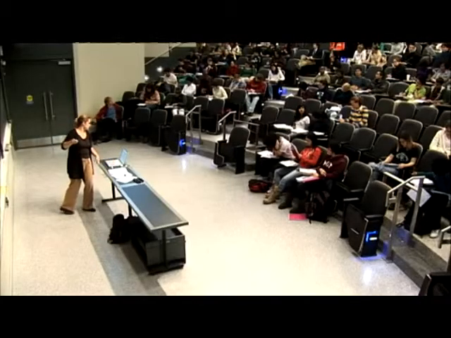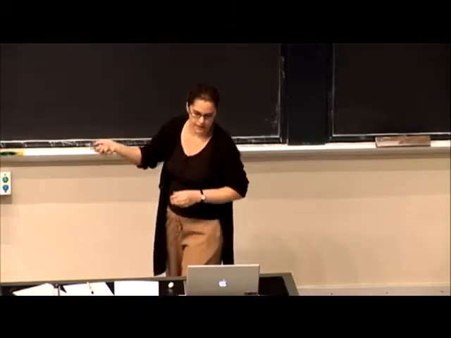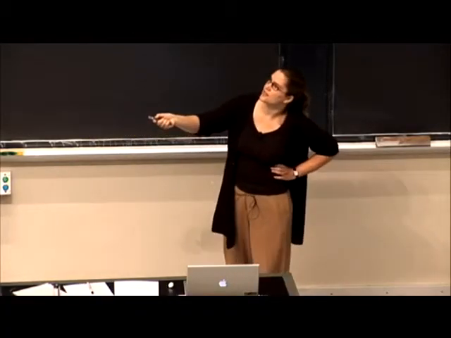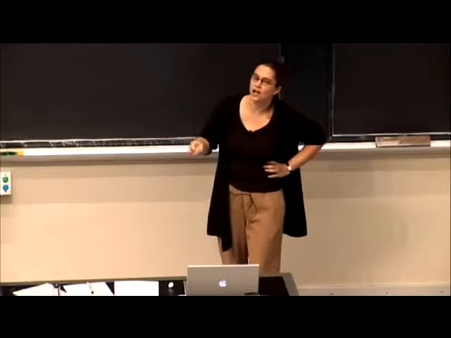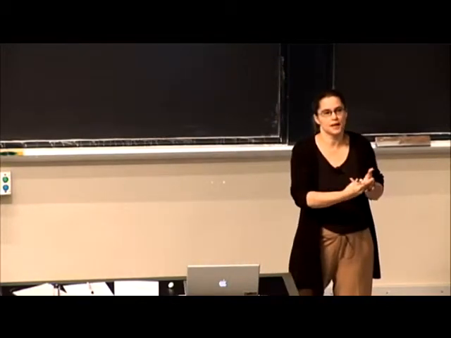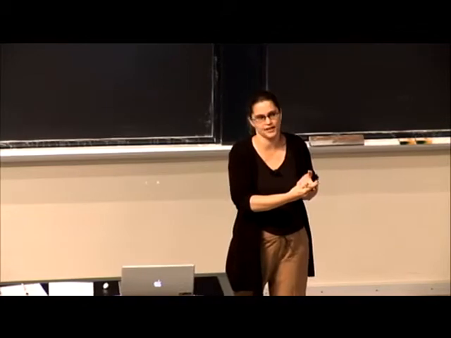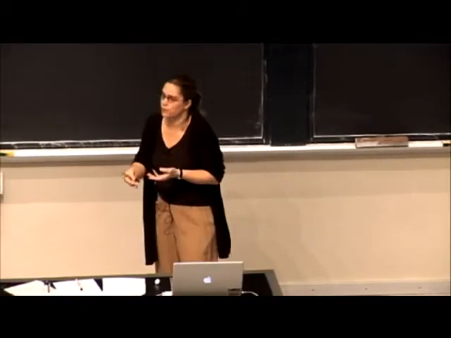And if you use log instead of natural log, there's this value as well. So these will be given to you on an exam. So you'll see these equations on the exam as well, and you can use them. So this is for natural log, this is for log. So we are not going to test your ability to multiply room temperature times the gas constant divided by Faraday's constant. So that's going to make it a little easier in doing these problems.